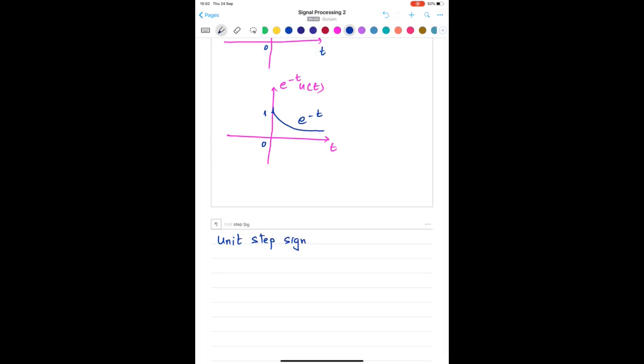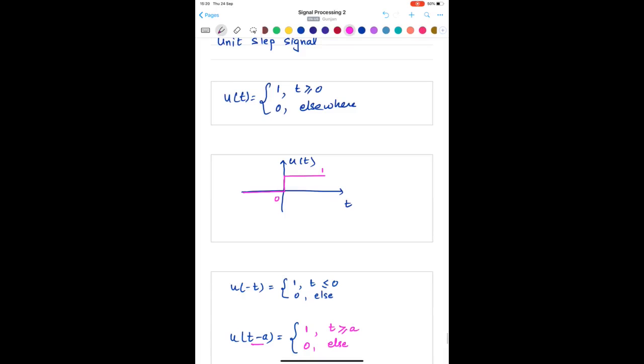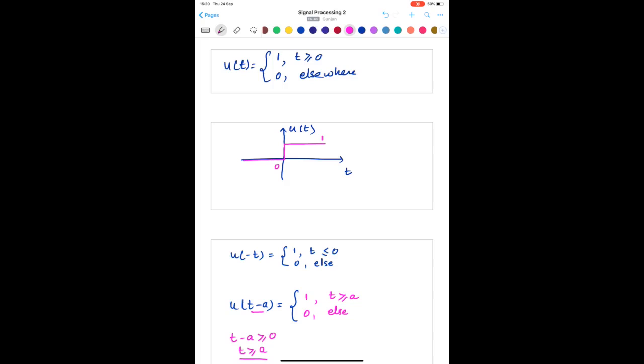Unit step signal is usually defined like this: u of t equals 1 for t greater than or equal to 0, and 0 elsewhere. If I have to plot this u of t, it will be of this form, that it will be 0 for t less than 0 and it has a value 1 for all the points which are greater than 0.